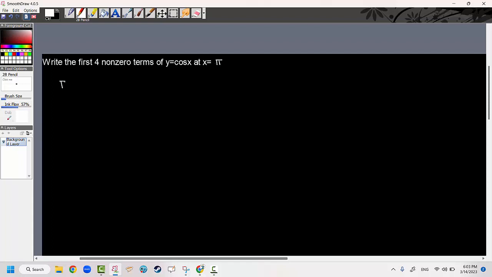So, t sub 4 of x is going to equal f of pi plus f prime of pi times x minus pi plus f double prime of pi times x minus pi squared over 2 factorial plus f triple prime of pi times x minus pi cubed over 3 factorial. And 1, 2, 3, 4, first 4 non-zero terms, but if you know where this problem is going, you might see a bit of a snag. But that's okay, we will handle it.